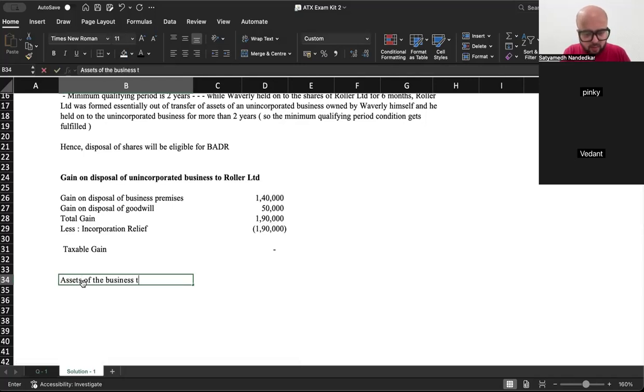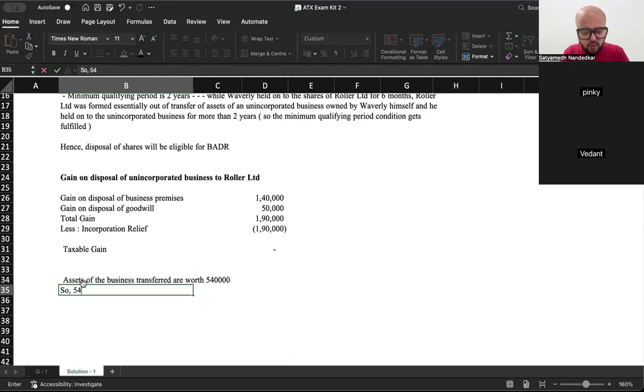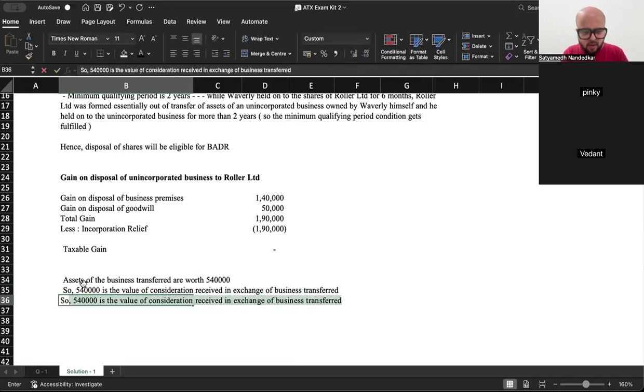Assets of the business transferred are worth 5,40,000, so 5,40,000 is the value of consideration received in exchange of business transferred.